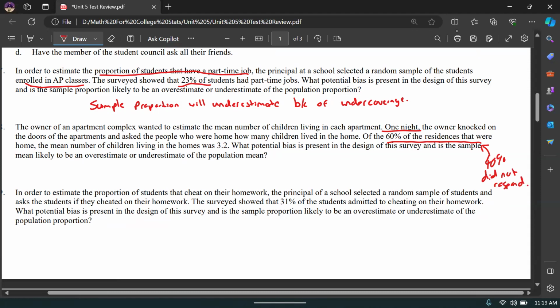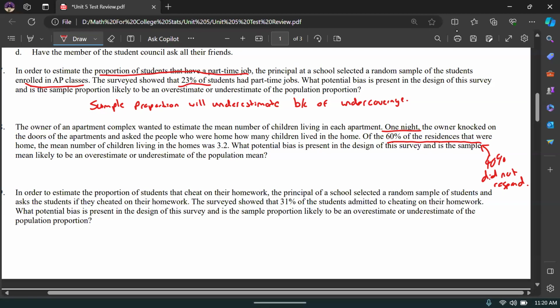Now, people who aren't home on a night like this are probably people who don't have children. People who have children will have to be home to take care of their children. And so if these people aren't home, it's likely that they probably don't have children and they're going out to enjoy their night with friends or whatever. So they're surveying people who are at home, and those people are more likely to have children.